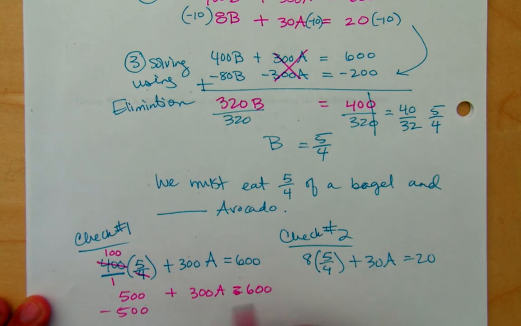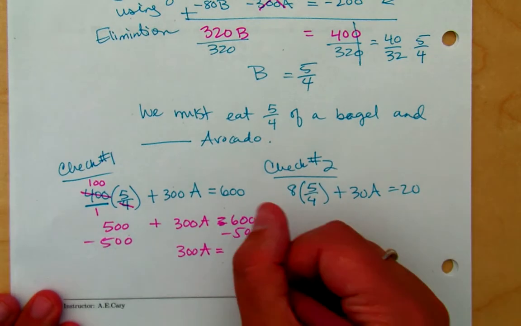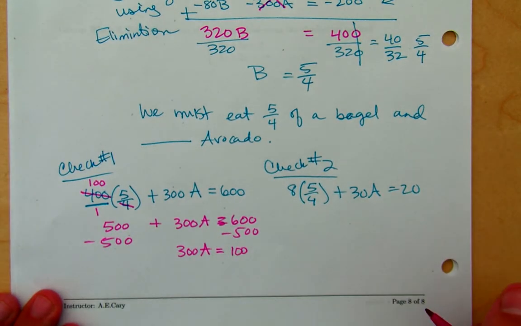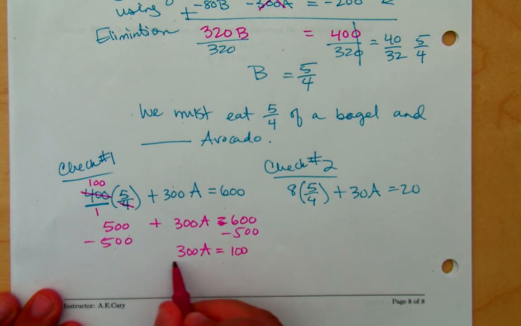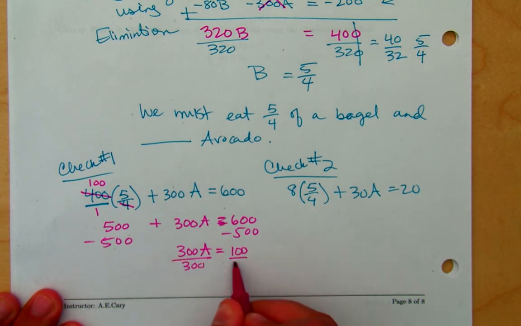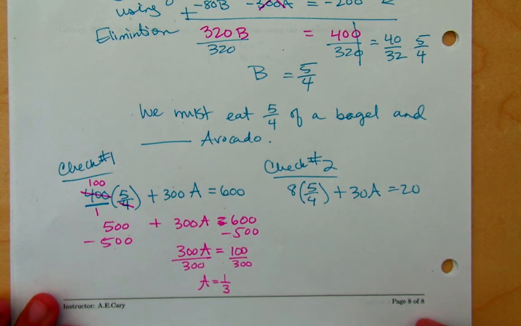Minus 500. 300A equals 100. Am I going too fast? Slow down. What's next? A equals 1/3? I can only eat 1/3 of an avocado? No. Sad.